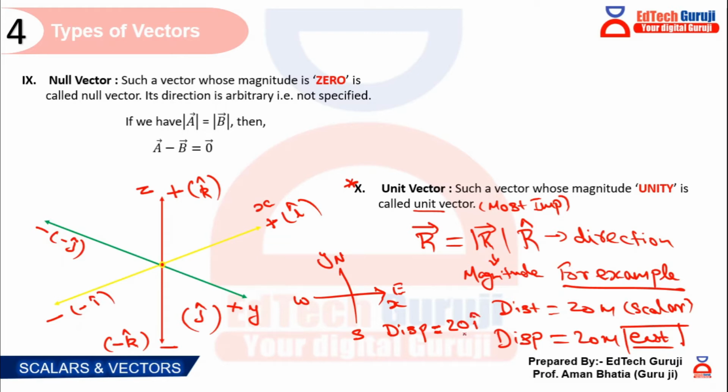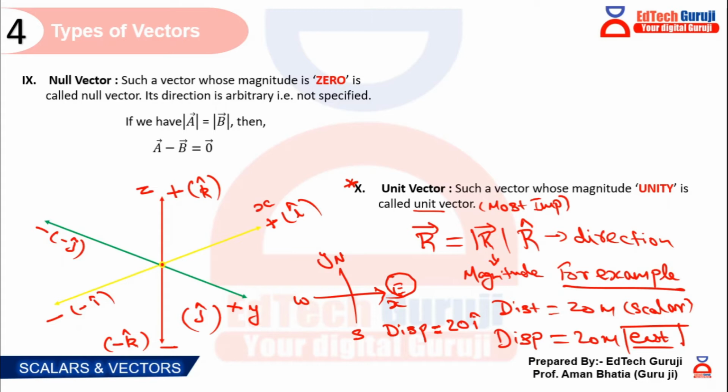So this 20 means I am moving 20 units towards i cap, means towards the positive x-axis, and the positive x-axis is east for me. So this is another importance of my unit vector. We have some more importance, which we will learn a little later. This helps me in calculating vectors.